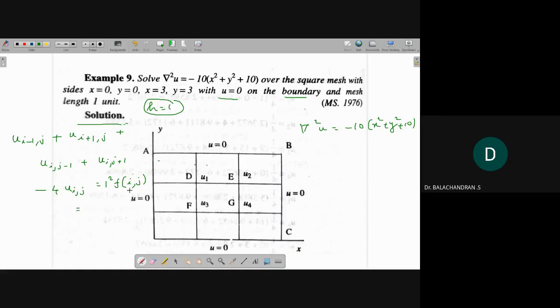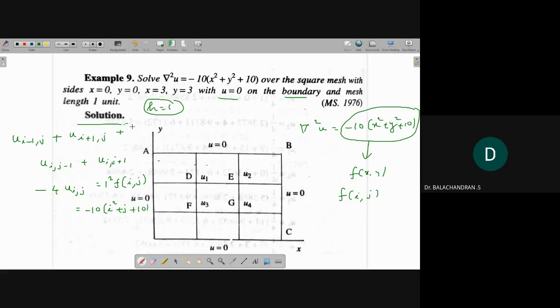Actually this is f of x comma y. Now we need to find f of i comma j from this: minus 10 into (i square plus j square plus 10).